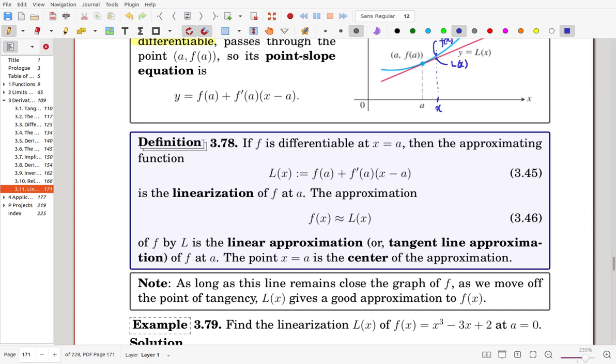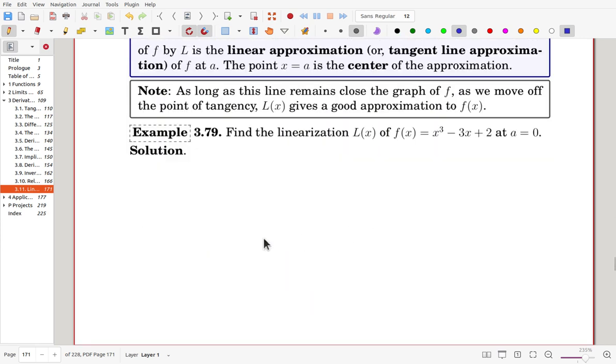And the function value can be approximated by using the linearization. In this case it is called linear approximation or tangent line approximation. Of course, a is the center of the approximation, and f(a) and L(a) have the same value.